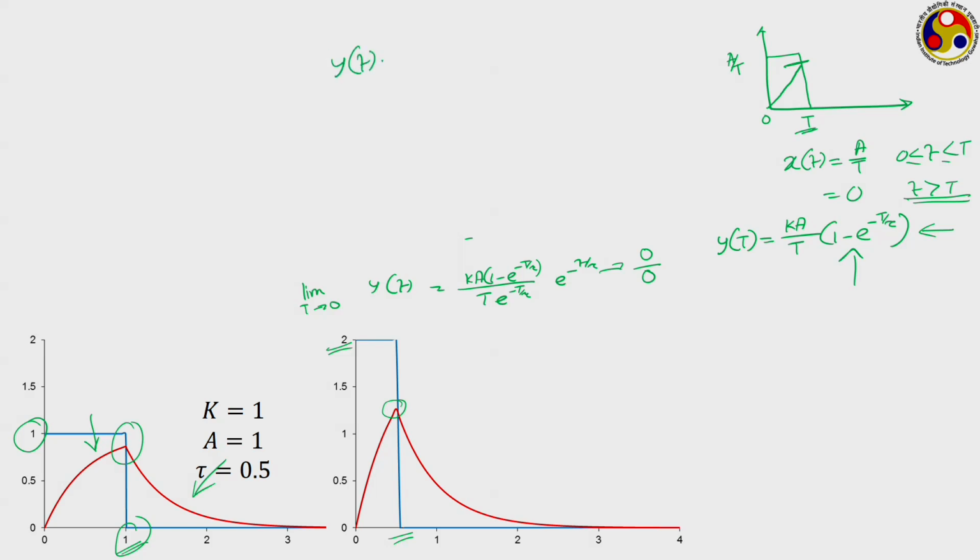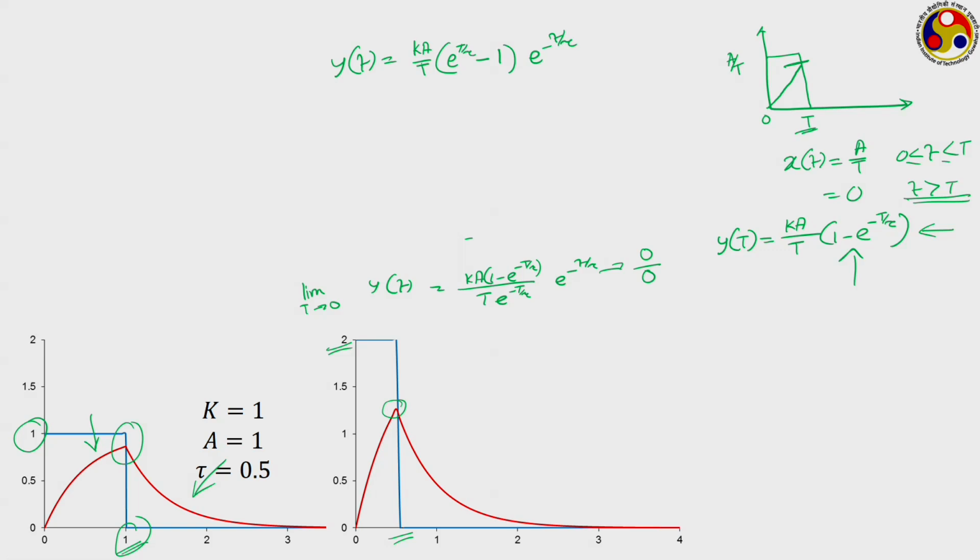We have y(t) equal to whatever we have, taking the denominator into the numerator. So we have k by t into e to the power t by tau minus 1 into e to the power minus t upon tau.